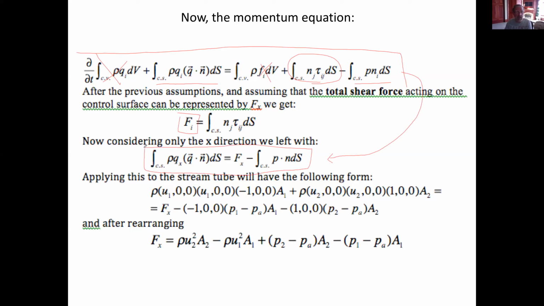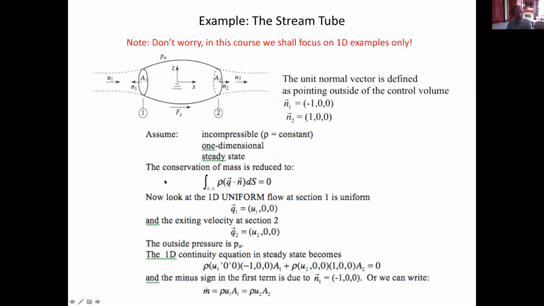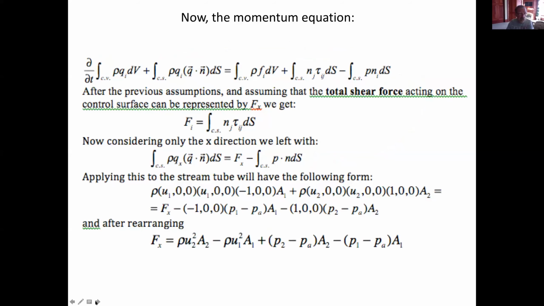Okay, so what I have is exactly what we had before. I will have Fx, which is the sum of the shear, and then I still have to do the integral for the pressure. Now, rho U1 is on the left-hand side. Let's go back to the tube, the one we're working with.